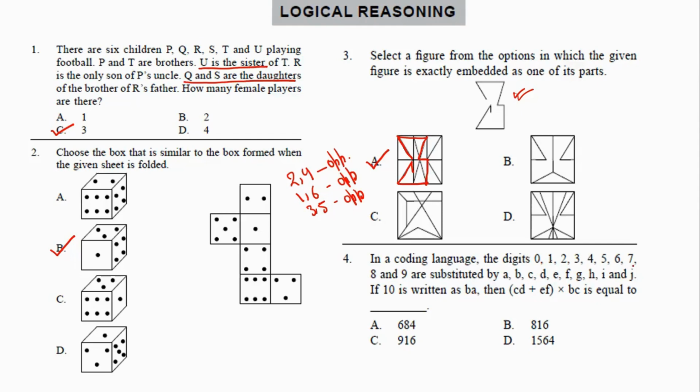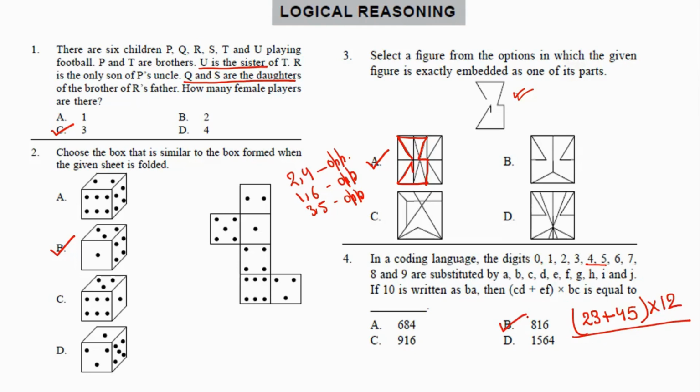CD is 23 plus EF is 45, right, into 12. If you calculate this, you will get the correct answer to be 816. So like this, we have to find out the correct answer, right?